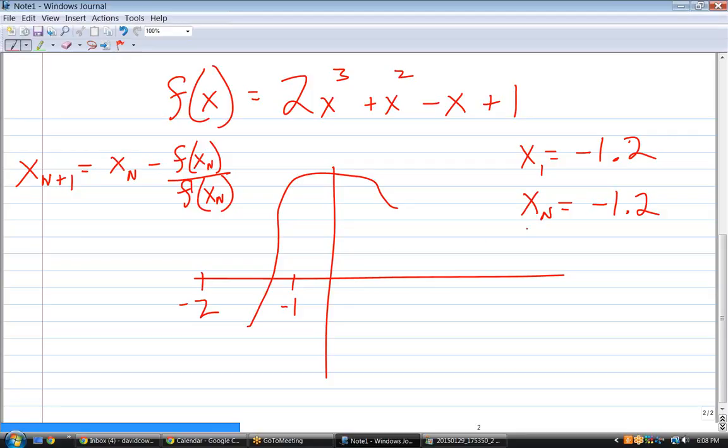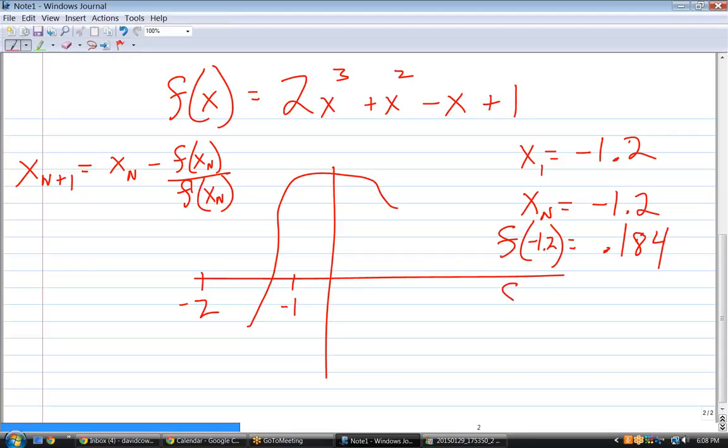So let's figure out f of minus 1.2, since that was x sub n. Turns out that that's 0.184. I'll save us some time.